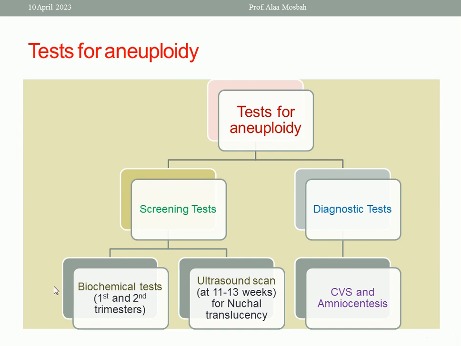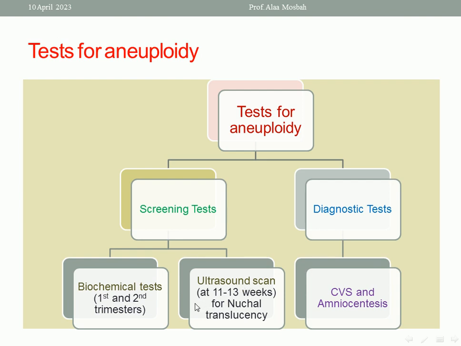For example, in the first trimester, I can do HCG and pregnancy associated plasma protein A. This is a biochemical test done in the first trimester. In the second trimester, I can do the double test, triple test, quadruple test, penta test, and so on. So these are called biochemical tests in the first trimester and in the second trimester.